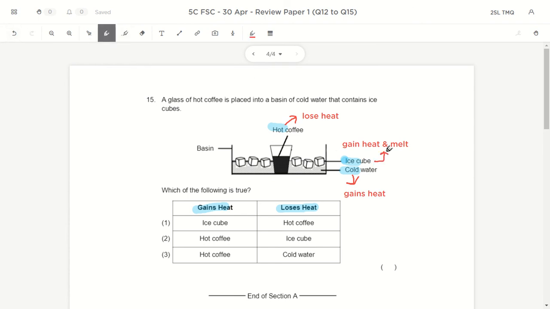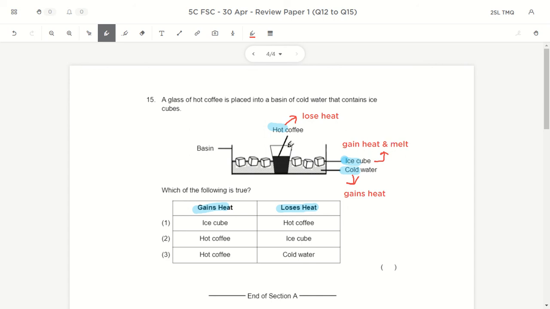Once again, hot coffee, because there's no other heat source that's heating it, is starting to lose heat to the water and to the ice, so temperature will go down. Cold water temperature will go up because it's gaining heat from the hot coffee. Same thing for ice cube, it will start to melt. Why? Because it's gaining heat, and therefore it will go through a change in state.